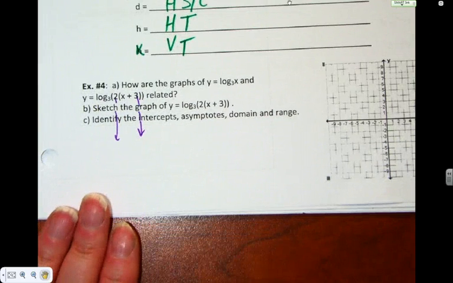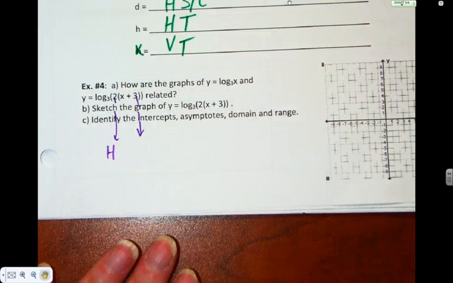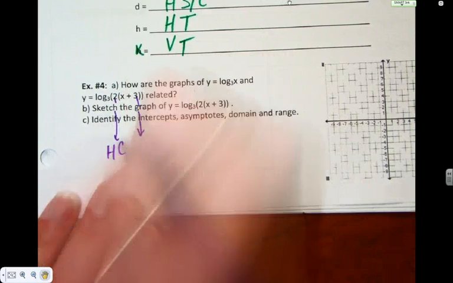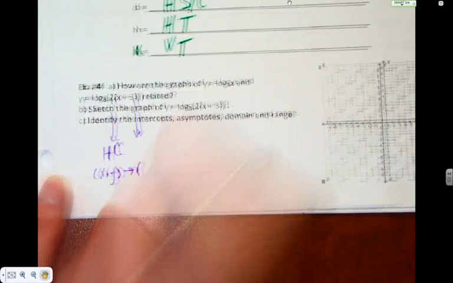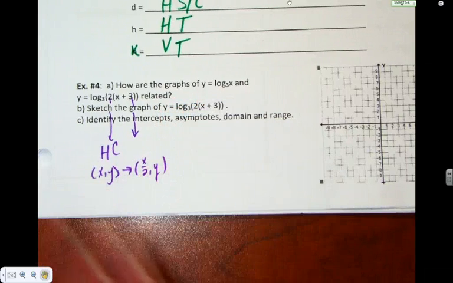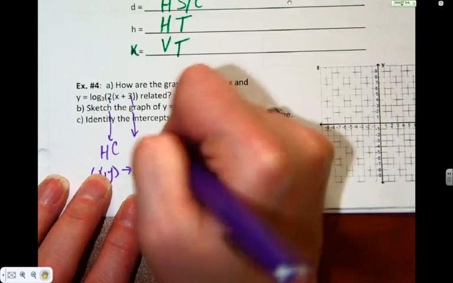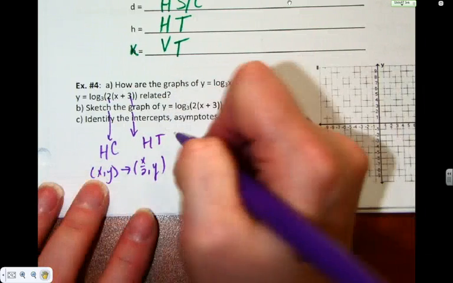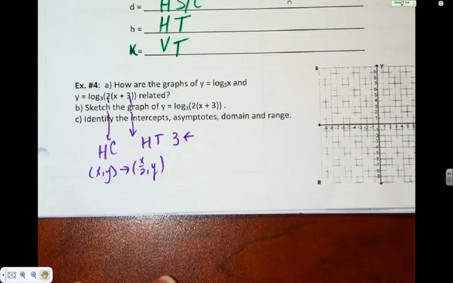The 2, inside brackets or outside brackets? Horizontal compression. The 3? 3 to the left.